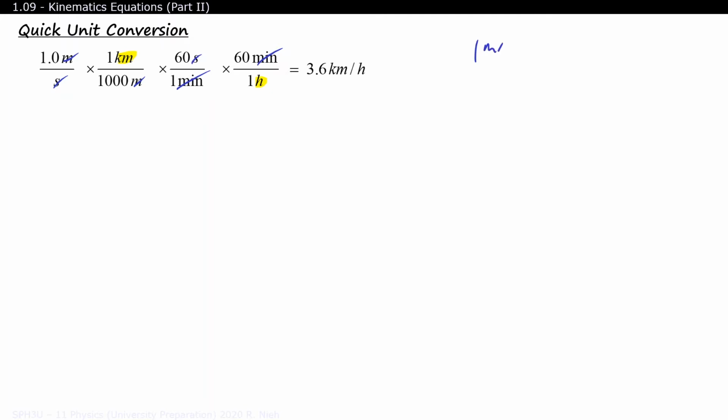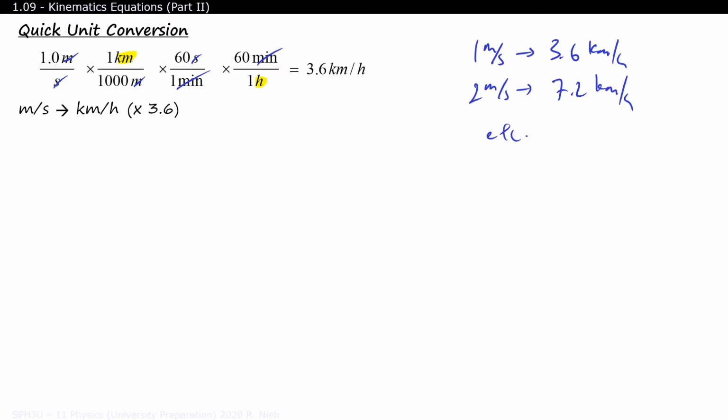Now logically, if 1 meter per second translates into 3.6 kilometers per hour, then 2 meters per second would be double of 3.6, which is 7.2 kilometers per hour. So anytime we need to convert from meters per second into kilometers per hour, we multiply by 3.6. And if we need to go the opposite way, then we will divide by 3.6.